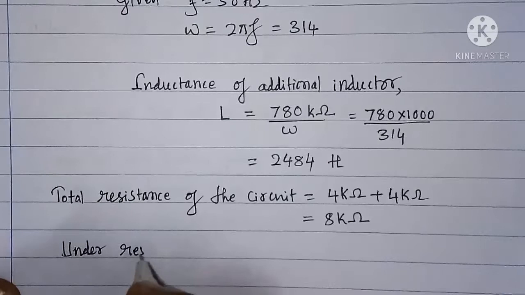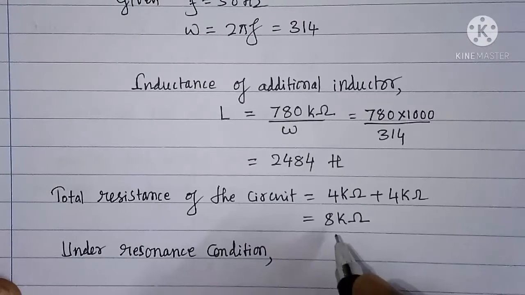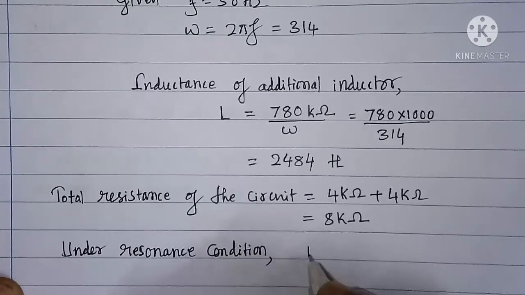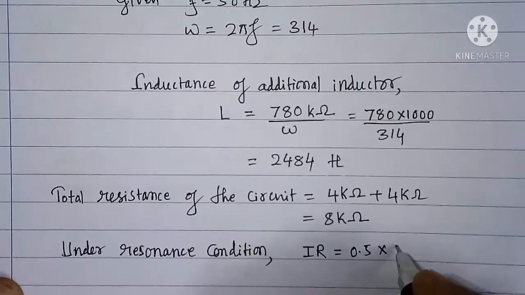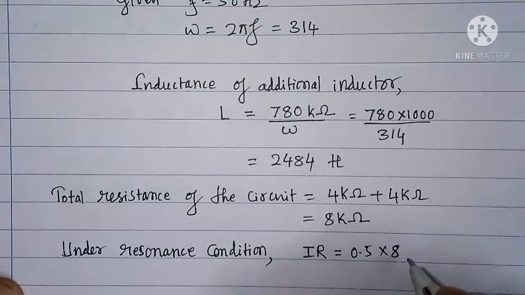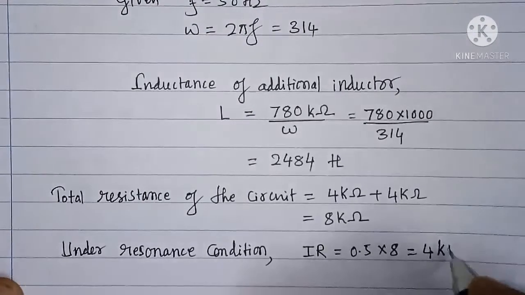Under resonance condition, transformer secondary voltage will be equal to voltage drop in this resistance, that is I into R equal to 0.5 into 8 equal to 4 kV.